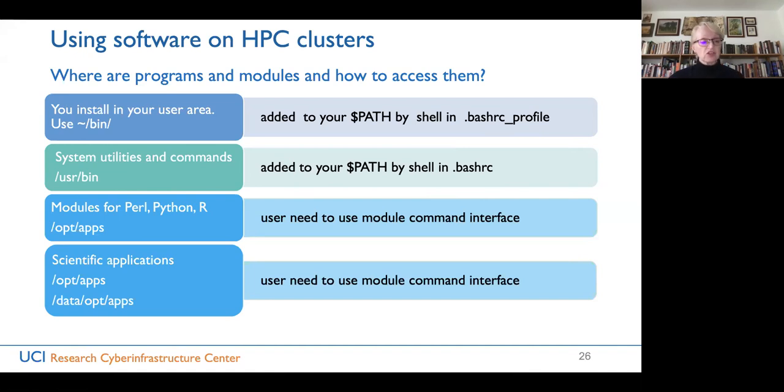No extra action on your behalf is needed other than the installation. All system utilities and commands are in user bin, and they're also added to your path by default. Again, you don't need to do anything extra here. Now we come to library modules for languages like Perl, Python, or R. We do this installation in opt apps, and users will need to use language modules to access this specific language interface.